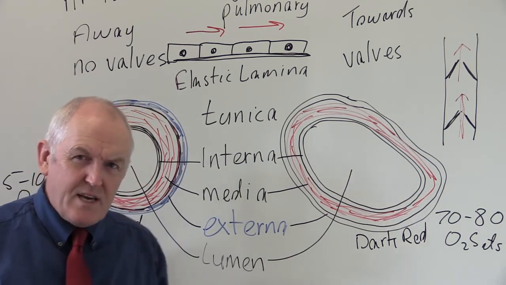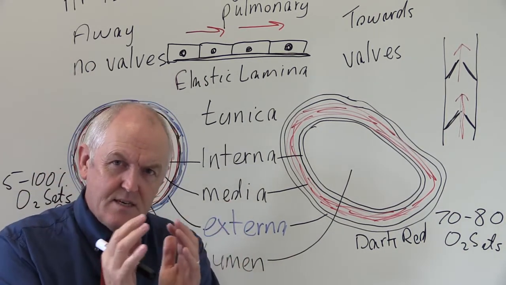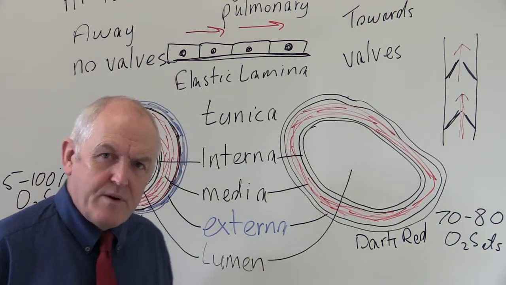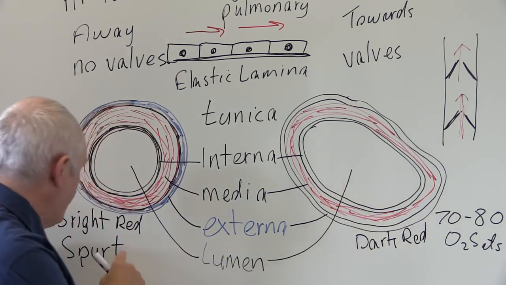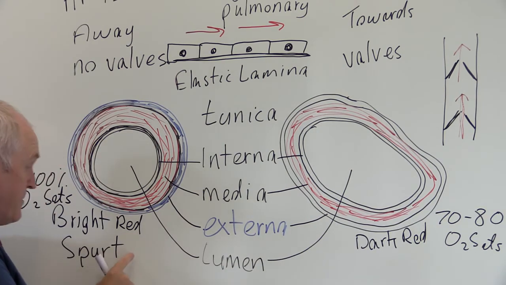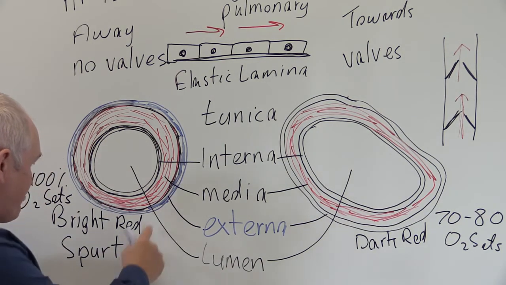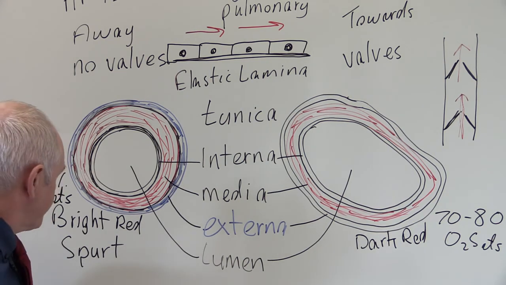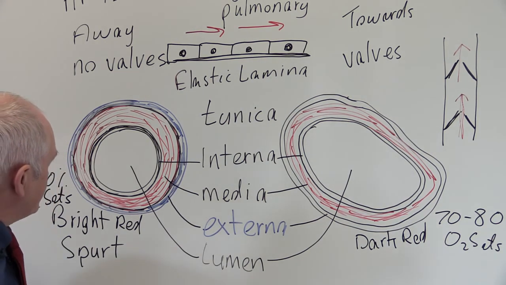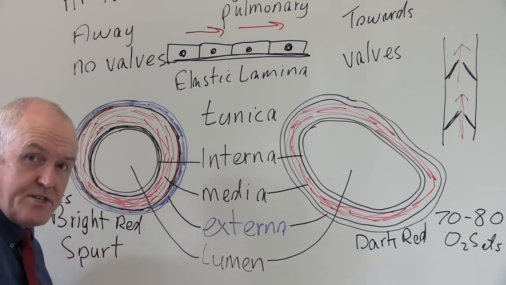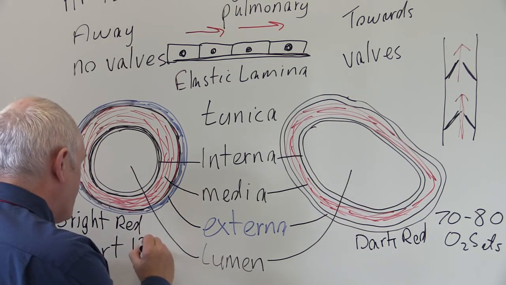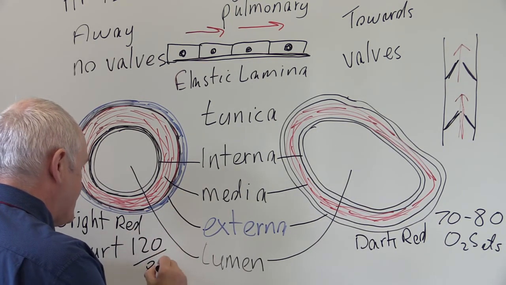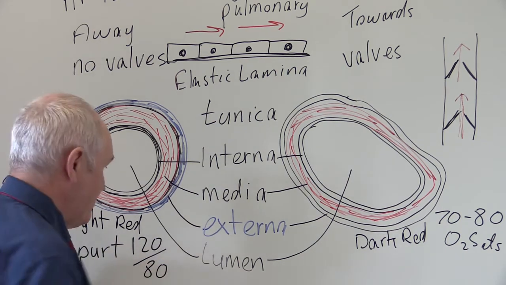Now, fairly quickly, the artery will constrict to limit blood supply, but initially the blood spurts out if the artery is cut. And of course, it's bright red arterial blood that we would see. And the reason for this is that the pressure in the large systemic arteries is about 120 over 80 millimeters of mercury.